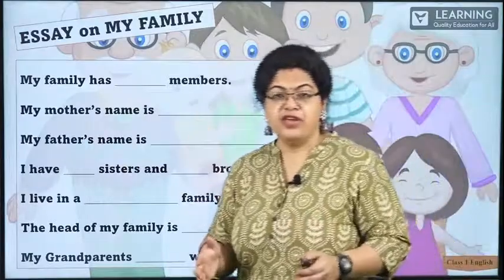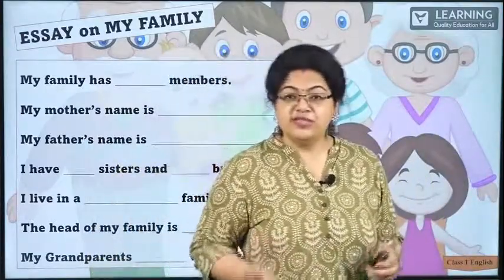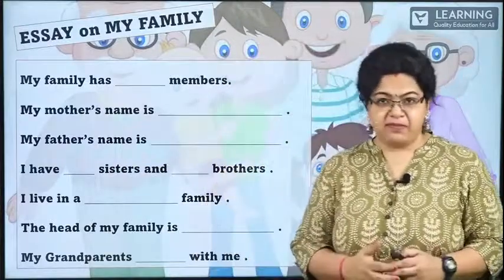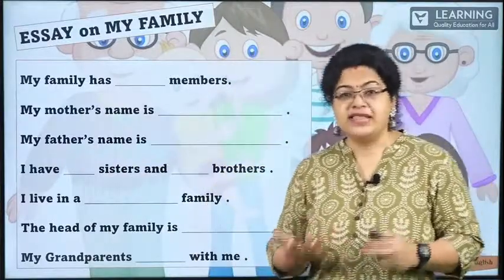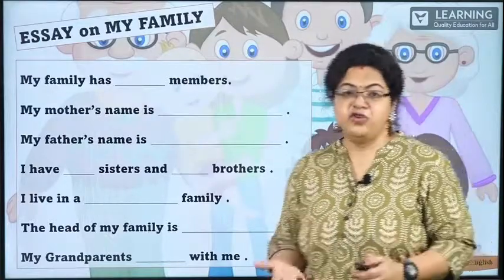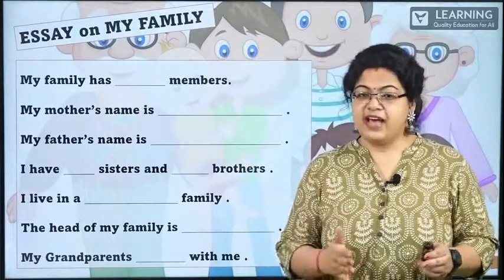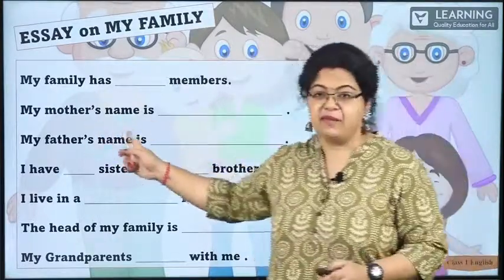So whenever you are talking about my family, you don't say my mummy's name. You say my mother's name. All right? So this you have to remember. Whenever you have to talk or write about my family essay, you always have to say my mother's name is.